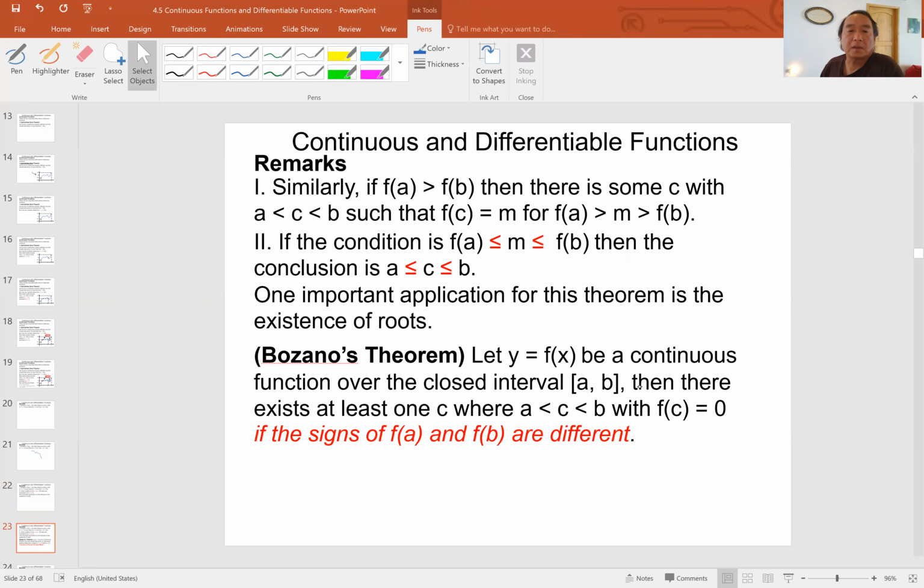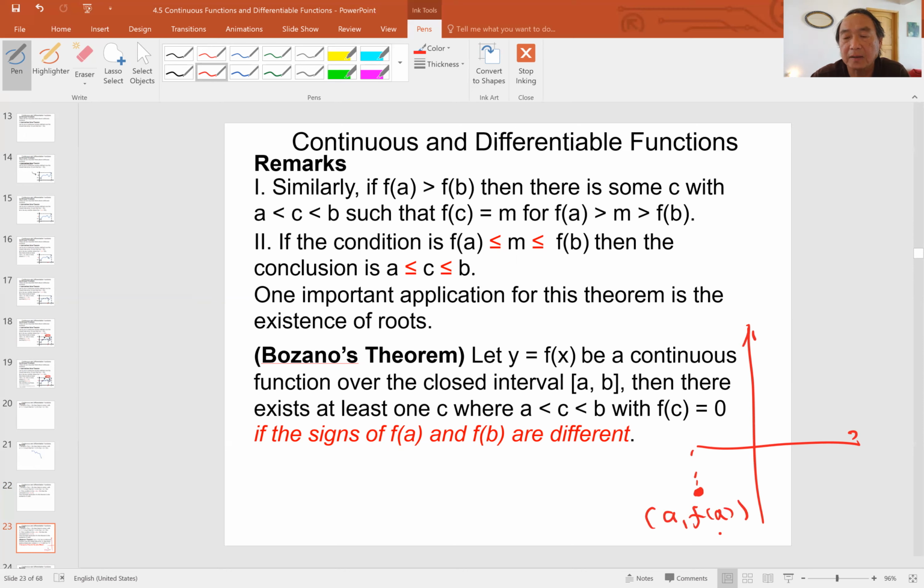An important theorem you can conclude from here, which is kind of obvious if you try to draw it, says this: if I have a continuous function, and f of A is negative, down below, and at some other point B, f of B is positive, above, then this function must have a root.